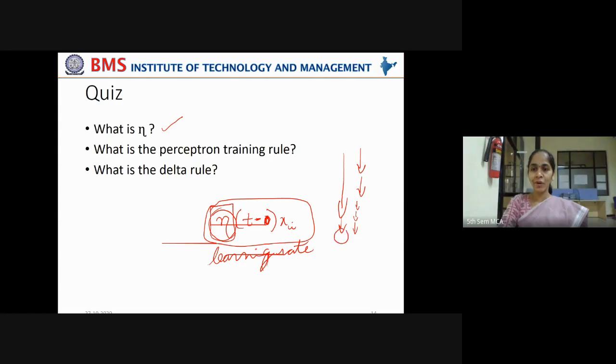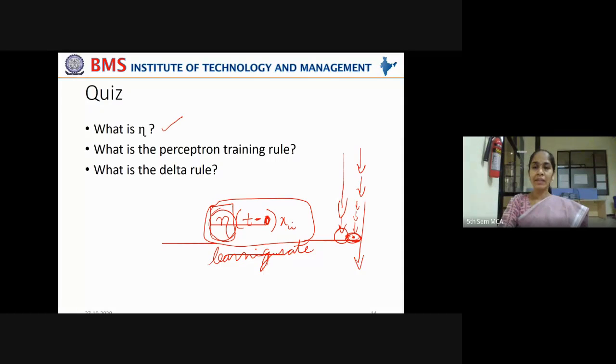Say this is your optimal solution. If it takes a bigger step, it may cross this optimal solution. Optimal solution means where the prediction error is reduced. So in order to not overshoot its destination, though initially it has taken bigger steps, it has to take smaller steps to reach the final solution.